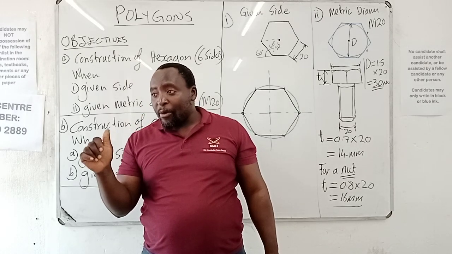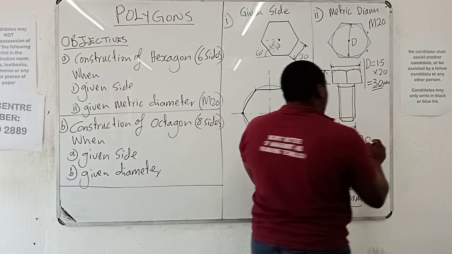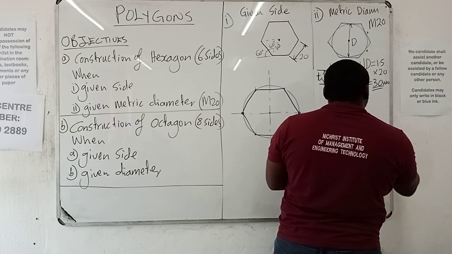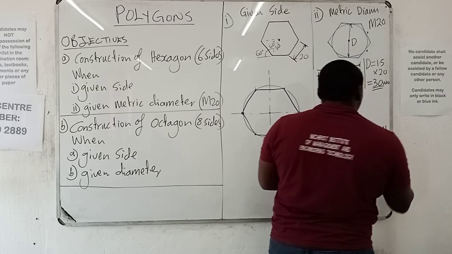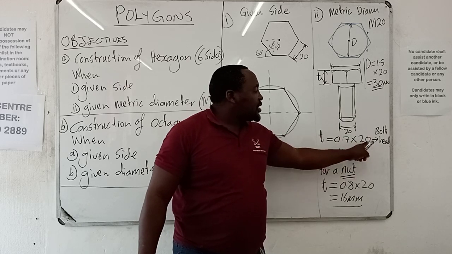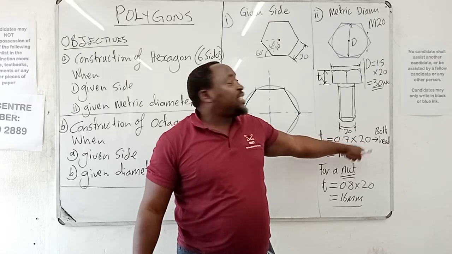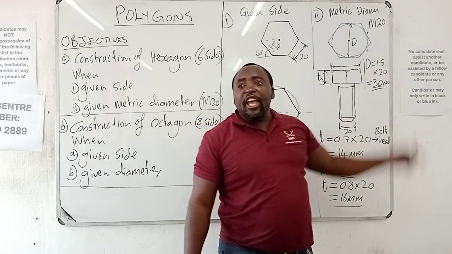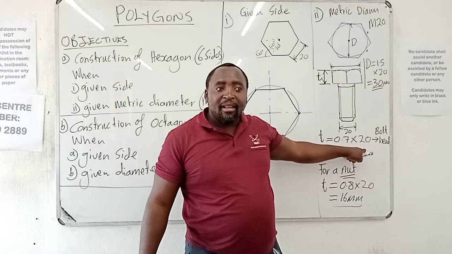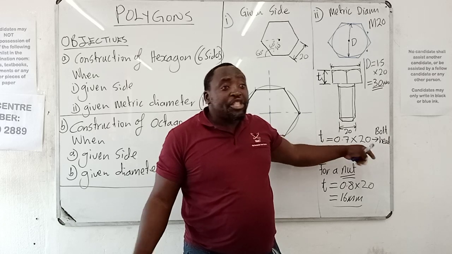So 0.7 is the thickness of what, sir? That 0.7 is for the bolt head. This is for a nut. 0.7 times 20. Please, 20 keeps on changing. The reason we are using 20 is because it's M20. If it is M36, you'll be using 36 there. In the exam, the numbers won't be the same, they're going to change.